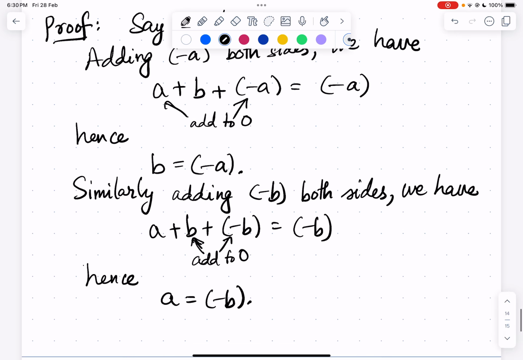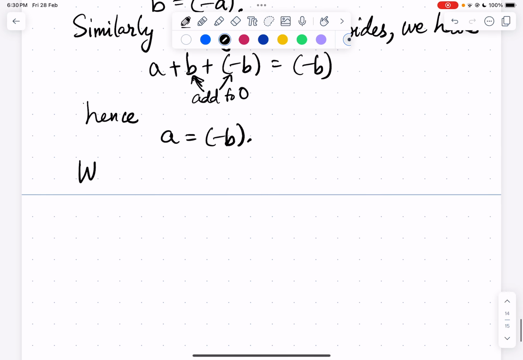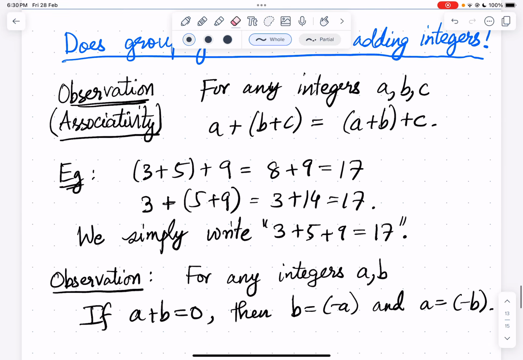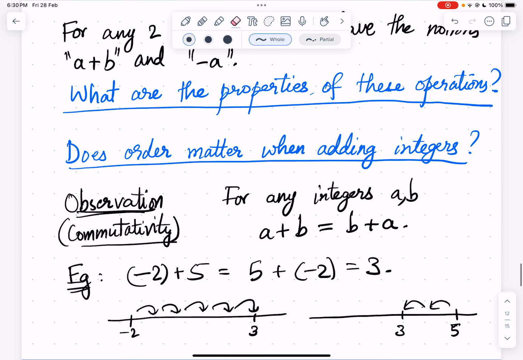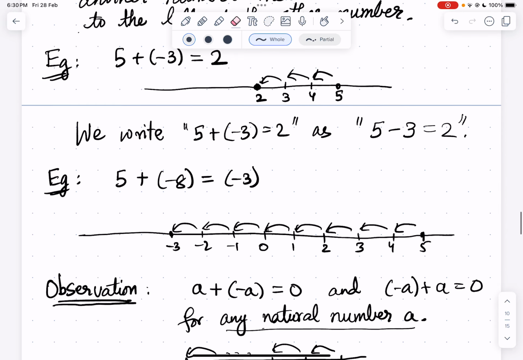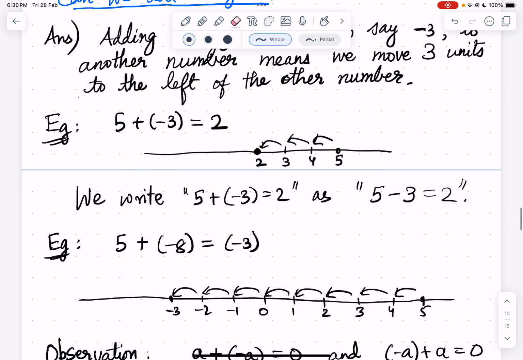Recall that we write a minus b for a plus minus b. Here, for example, 5 plus minus 3 equals 2.